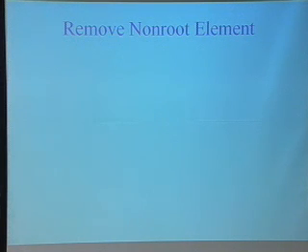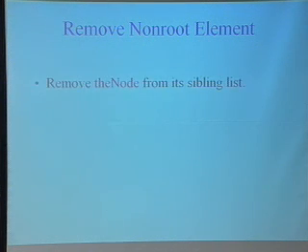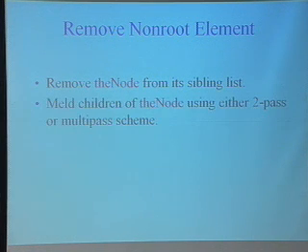All right, we have one operation left. That's to remove an arbitrary element. If it's the root, you handle it like you're doing a remove max. If it's not the root, we need to handle it differently. So we take it out of its doubly linked list of siblings. And when you take it out, you've got to throw away the node itself, so that gives you a bunch of subtrees that it had.